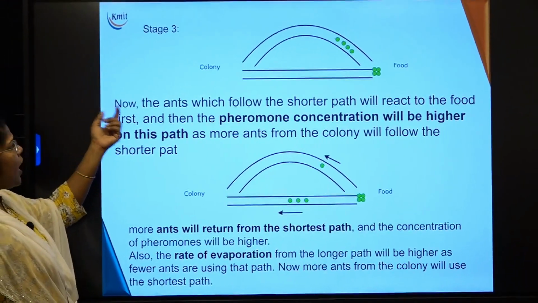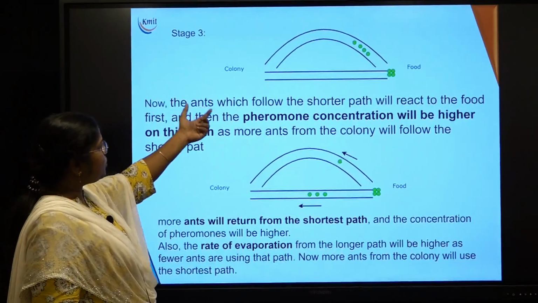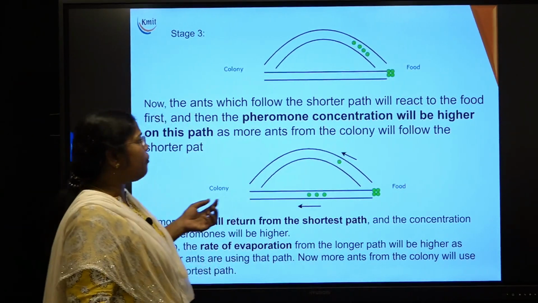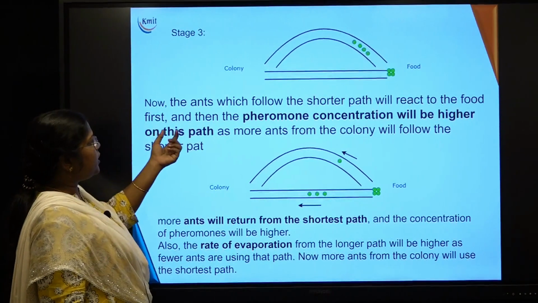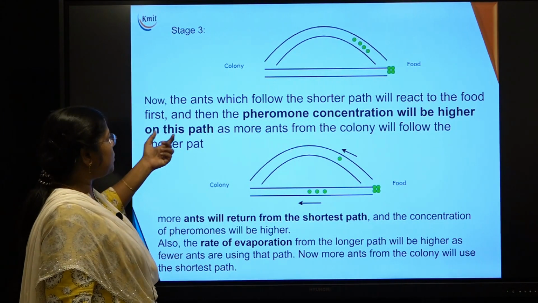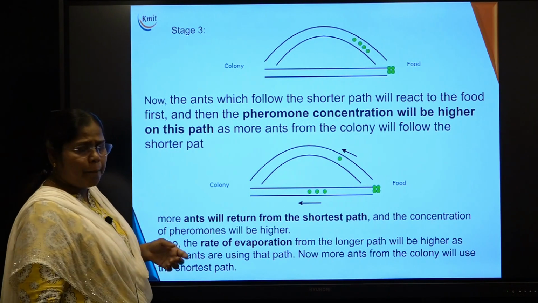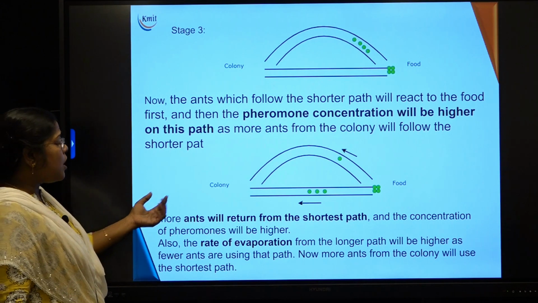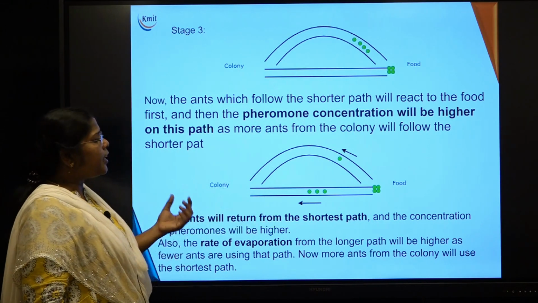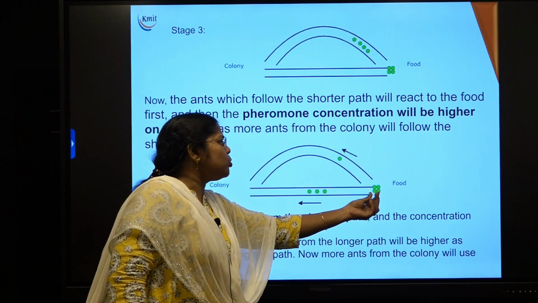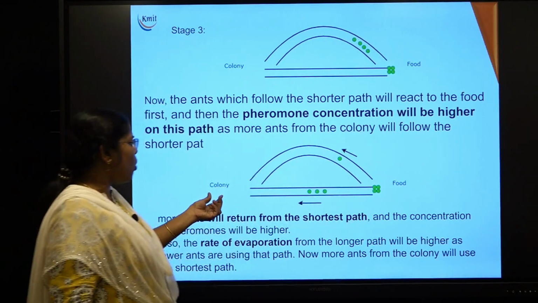So the ants which follow the shortest path reach the food first, and the pheromone concentration will be higher on this path than on the other path. Coming to the next stage, stage 4, while returning from the food, the ants move from the food to the colony.